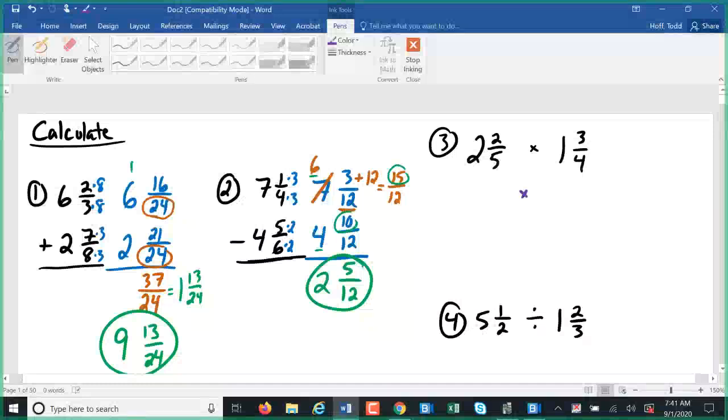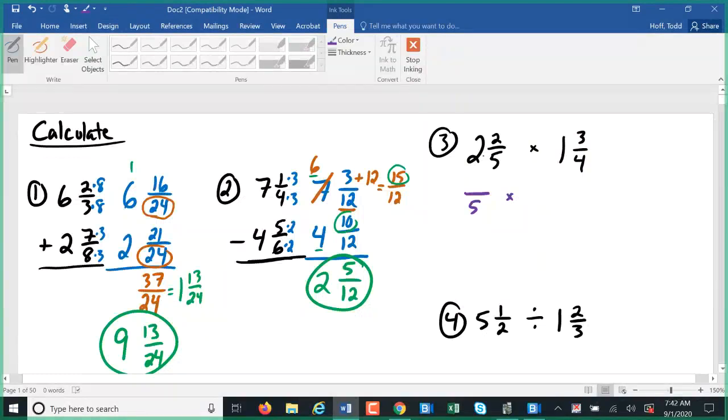When we multiply and divide, we don't need the same name. So that means we don't need to worry about a common denominator. We can multiply and divide mixed numbers, but it's way easier to turn them into improper fractions. So that's what we're going to do. 2 and 2/5 becomes how many fifths? 11.